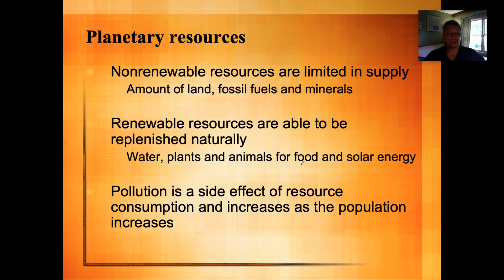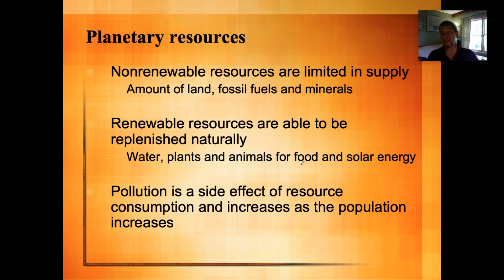Let's move on now to some of the resources that all of these people have to have access to in order to survive. All right. The planetary resources on Earth currently fall into two different categories. We have the non-renewable resources, which are limited in supply. In other words, we can use them up or run out of them.